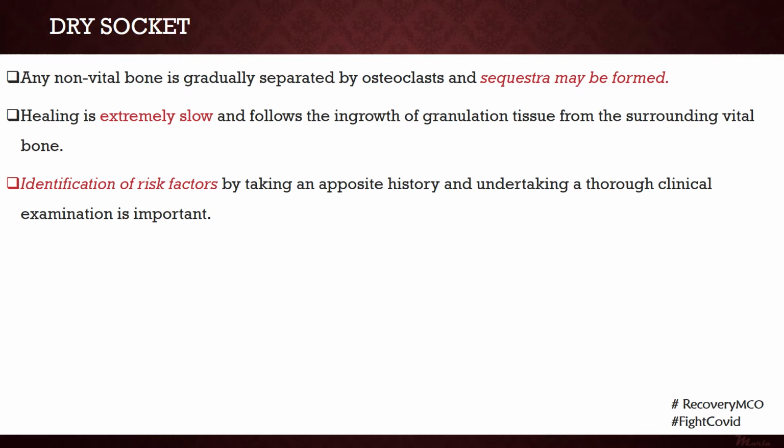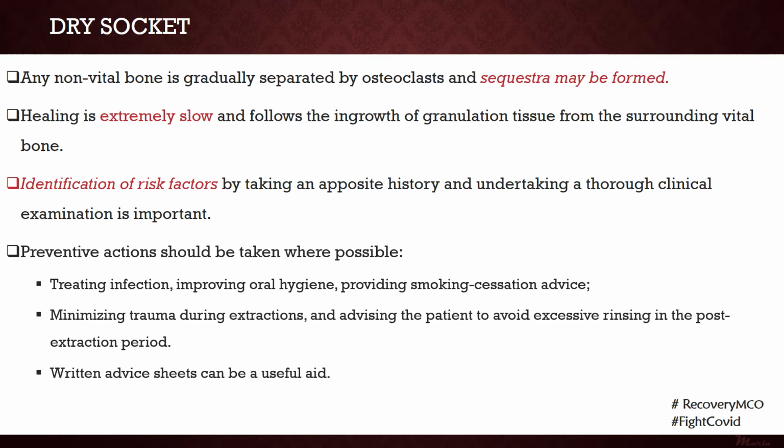To prevent occurrence of dry socket, identification of risk factors is important. This can be done by taking an appropriate case history and undertaking a thorough clinical examination. Dry socket can be prevented by treating any infection, improving overall oral hygiene, providing smoking cessation advice.